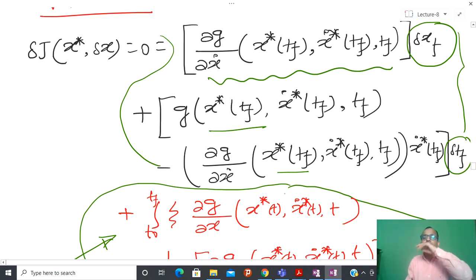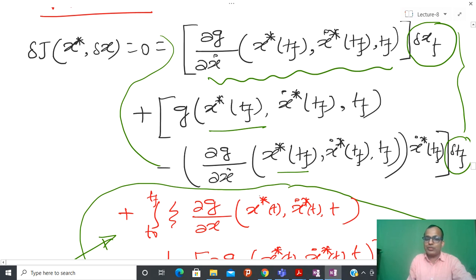Now let us come to type 2. In type 2, tf is specified, but x(tf) is free. If tf is specified, then the terms related to delta tf are 0, and the second part equals 0, and the Euler-Lagrange equation remains the same.